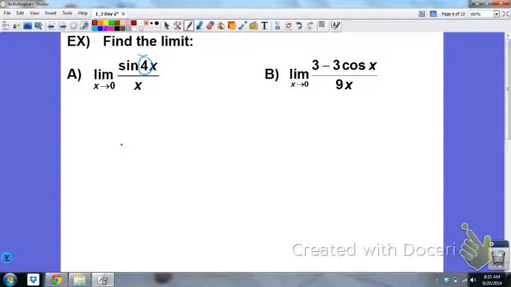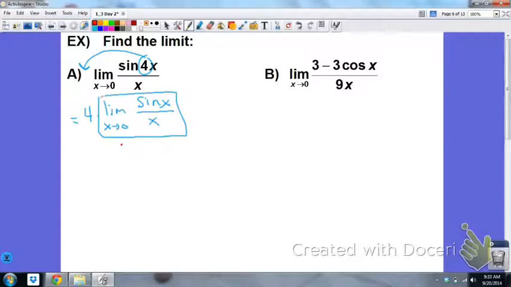We can pull this 4 out front, rewrite it as 4 times the limit as x approaches 0 of sine x over x. So now using our rewriting with our properties in algebra, we know that the limit as x approaches 0 of sine x over x is 1. So 4 times 1 gives us our answer of 4.